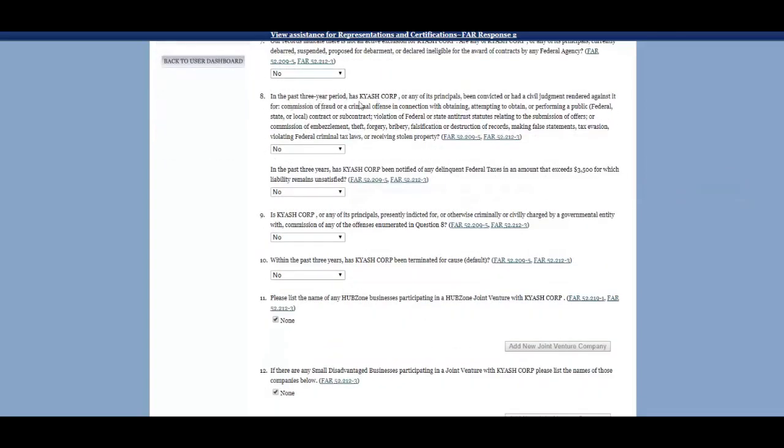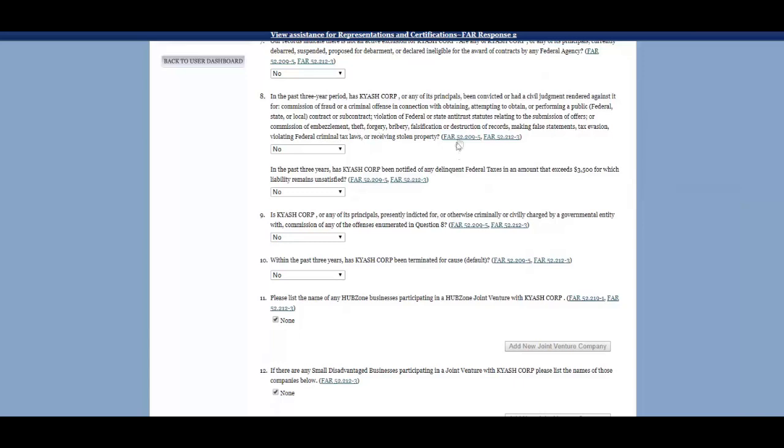For the past 3-year period, has Irs Corp or any of its principals been convicted or had a civil judgment rendered against it for commission of fraud or criminal offense in connection with attempting to obtain or performing a public, federal, state, or local contract or subcontract, violation of federal or state antitrust statutes relating to the submission of offers or commission of embezzlement, theft, forgery, bribery, falsification, or destruction of records, making false statements, tax evasion, violating federal criminal laws, or receiving stolen property.